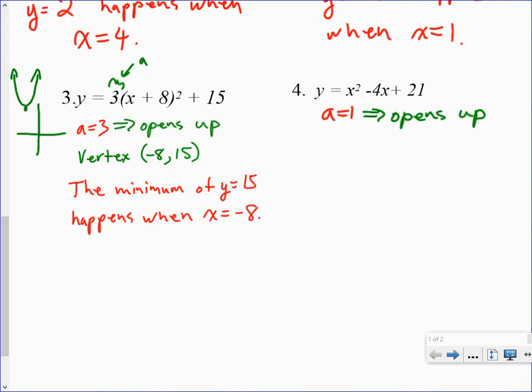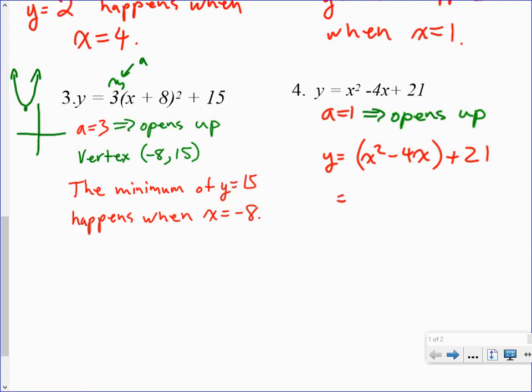Now, we don't know what the vertex is, and it's in standard form. So what we have to do is complete the square. We're going to take a look at this and determine what the square is, and then we'll figure out, just like before, how it opens up and where its position is on the graph. So y is equal to x squared minus 4x, and then I'm going to put that in brackets just like we used to when completing the square.